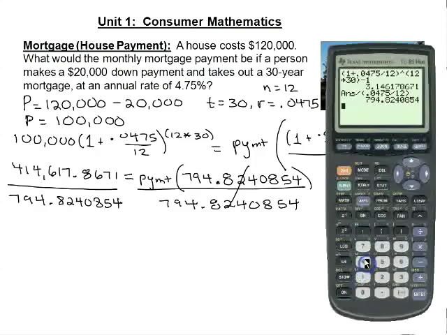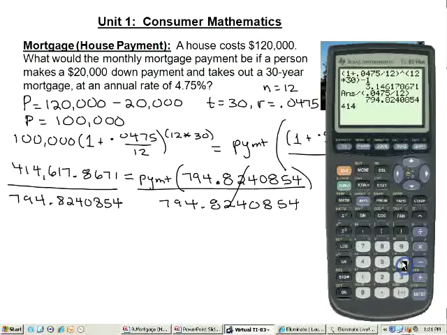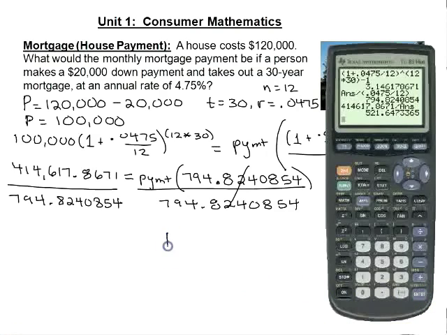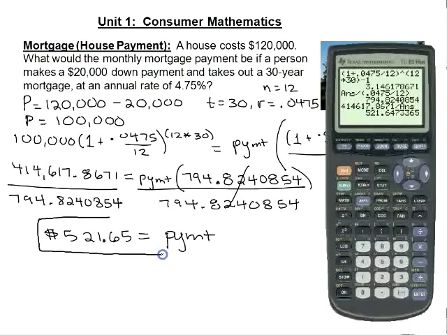So my shortcut on my calculator is I type 414,617.8671, and I want to divide by my previous answer. So if I just push second and then negative, my previous answer will pop up. And when I hit enter, the calculator will do the division for me. And so our payment will be $521.65.